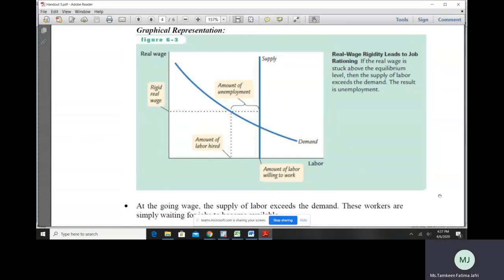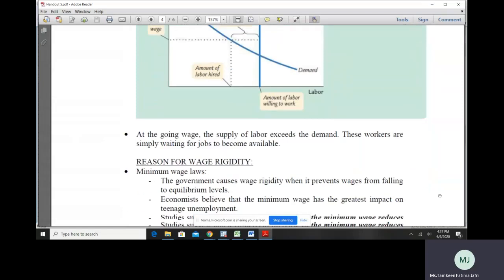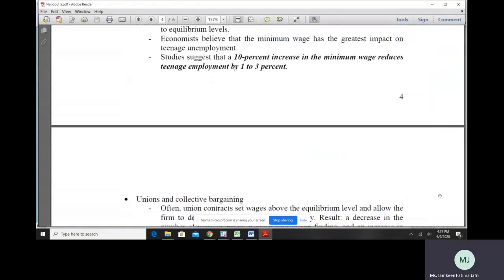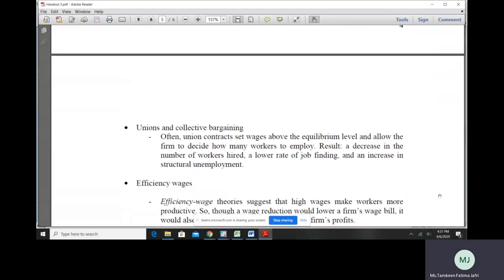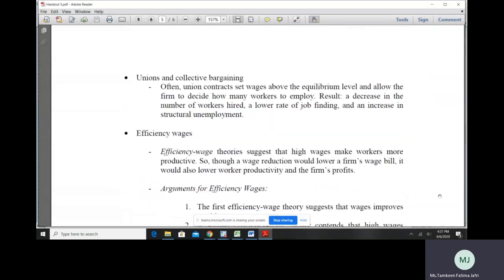So that's the second reason why structural unemployment exists. And you can see that in this case, this structural unemployment is completely driven by this policy of wage rigidity.